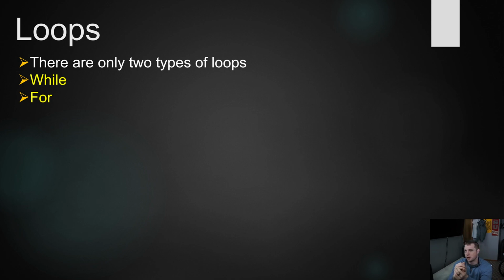You don't have to worry about any of the others that you have gotten used to, and even something like Bash, where a while and until is the exact same loop, just with the opposite logic. So you don't need those. A while loop is what I'm going to use most often here, but you can use a for loop as well. Okay, so that's going to do it for this presentation.